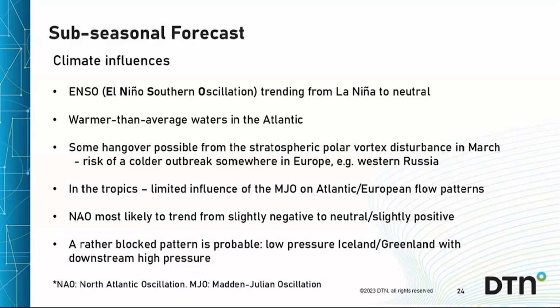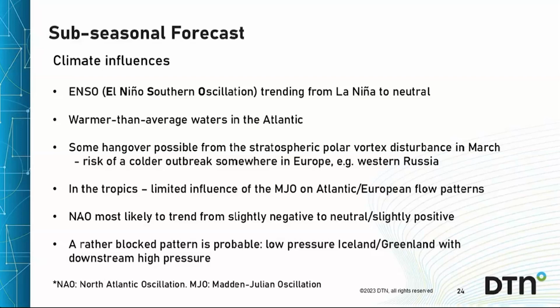We also have warmer than average waters in the North Atlantic, not as warm as last year at this time, but still above average at the moment and expected to stay above average. In addition, you might recall a sudden stratospheric warming event and stratospheric polar vortex disturbance in February and March, which still has some lingering influence on the blocked position and a cold outbreak across Russia currently and in the short-term outlook.